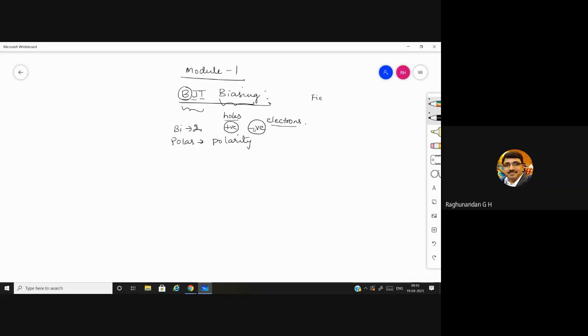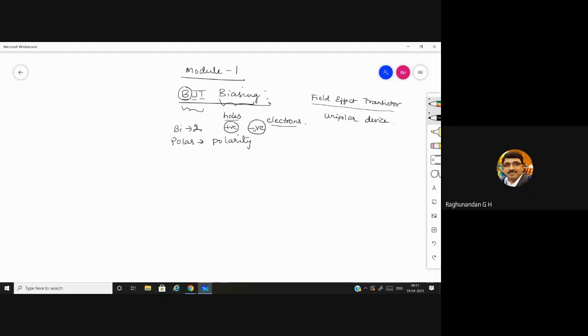Do you remember about field effect transistors? What was it known as? These are known as bipolar devices. This is known as a unipolar device. May I know why it is known as a unipolar device? So only electrons take part in the conduction.